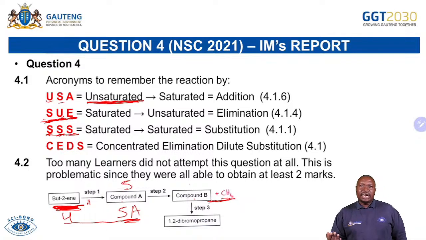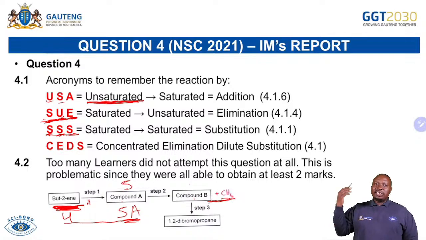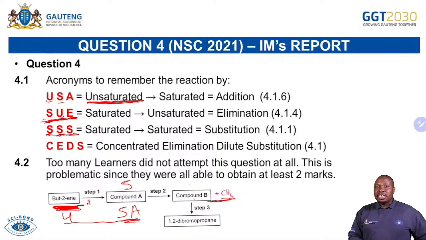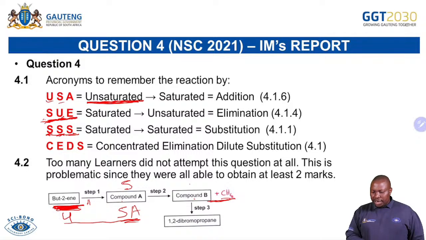What do we call that special kind of elimination? We call it cracking. What is cracking? We're saying it's the breaking down of large organic molecules into smaller, most useful ones. So you are able to see that, okay, it means here we're having an alkane because we do the cracking of alkanes, of our saturated hydrocarbons. So we're having an alkane. If we had butene, it means the alkane was butane.